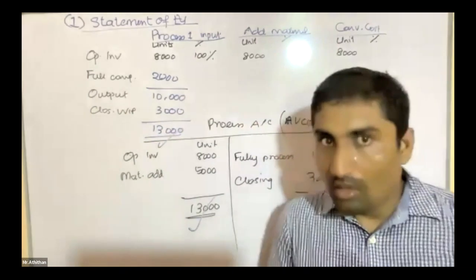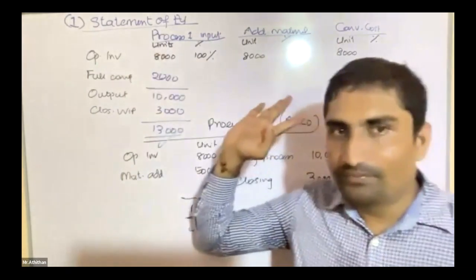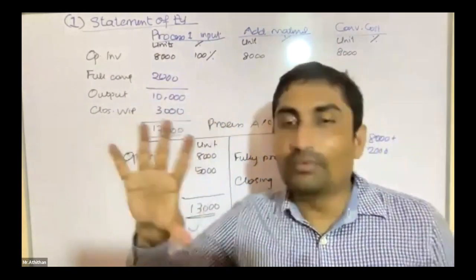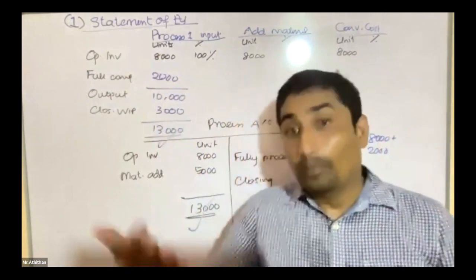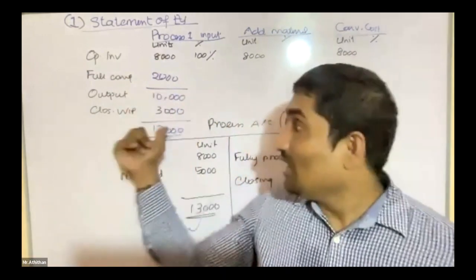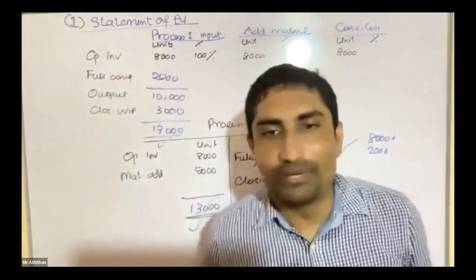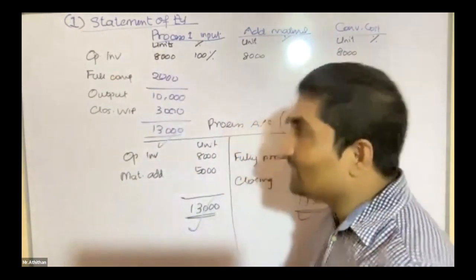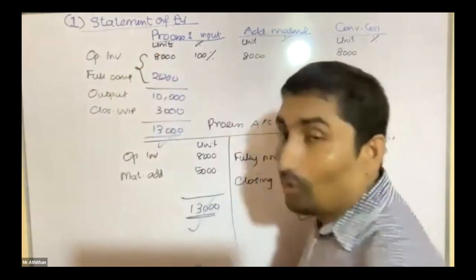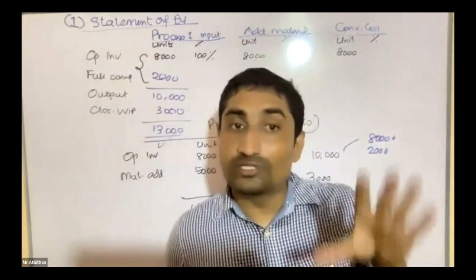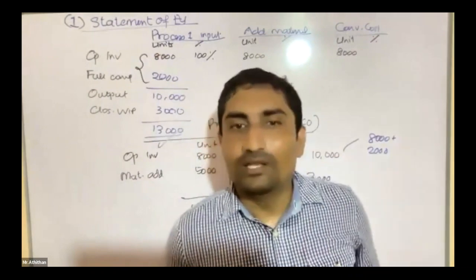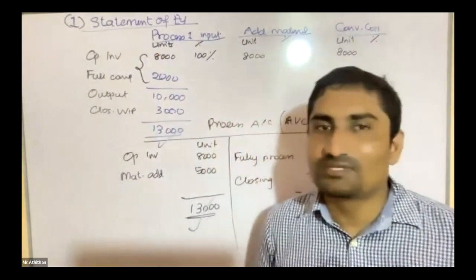Right? So opening inventory 8,000. ஆரம்ப இருப்பு 8,000. புதுசா ஆட் பண்ணப்பட்டது 5,000. அதுல 3,000 பேலன்ஸ். So 2,000 தான் fully complete. ஆனா நாங்க இந்த ரெண்டையும் சேர்த்து தான் பார்க்க போறோம். Already we have assumed that we are not going to separate the opening inventory and new processed items.